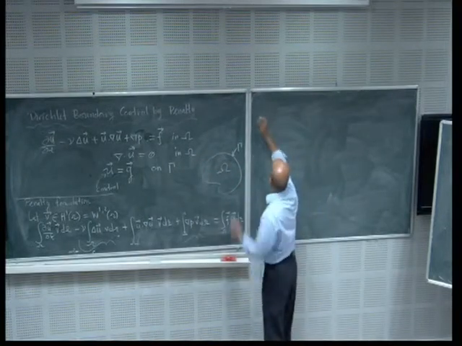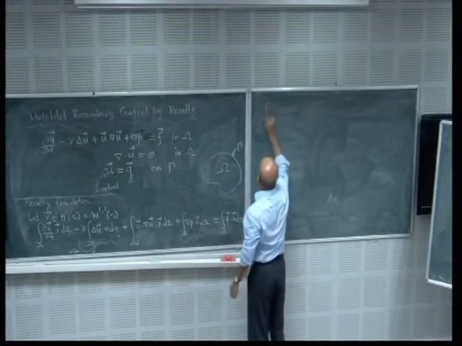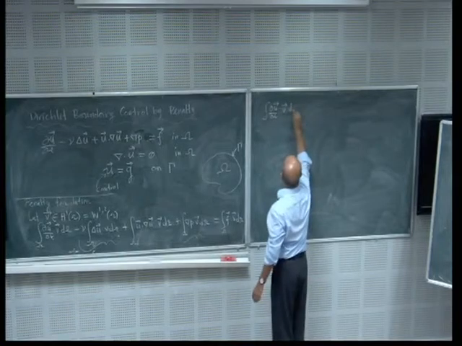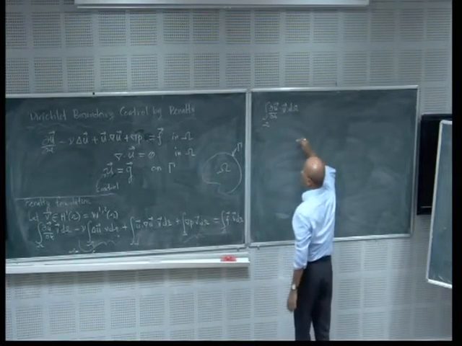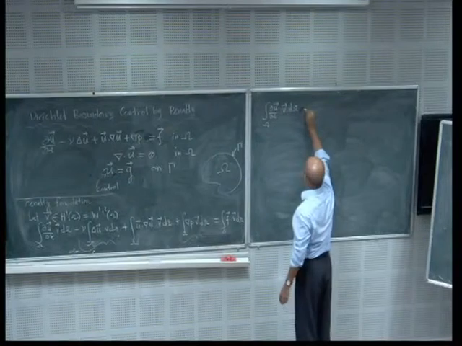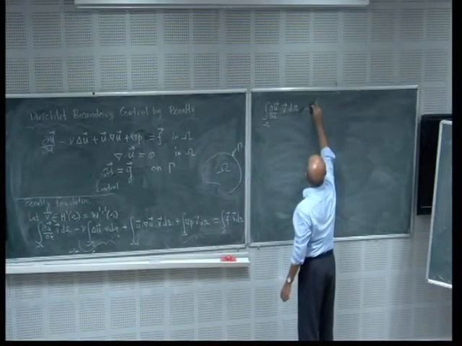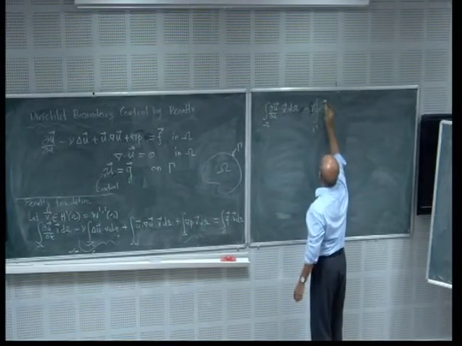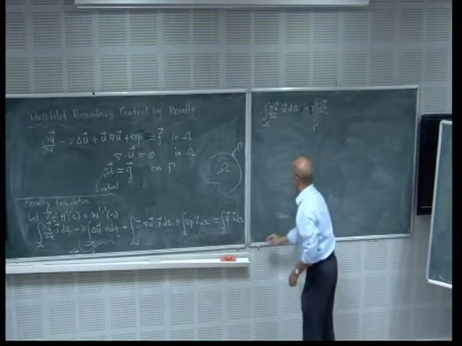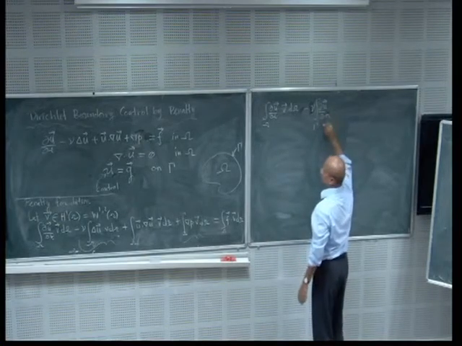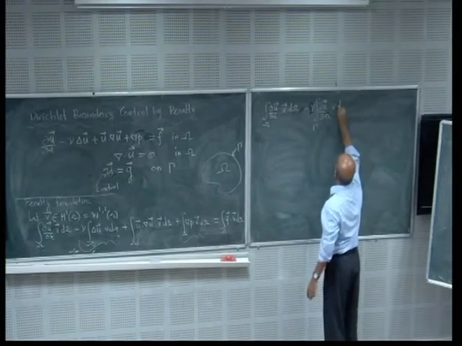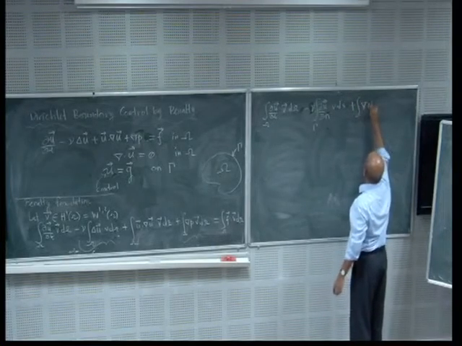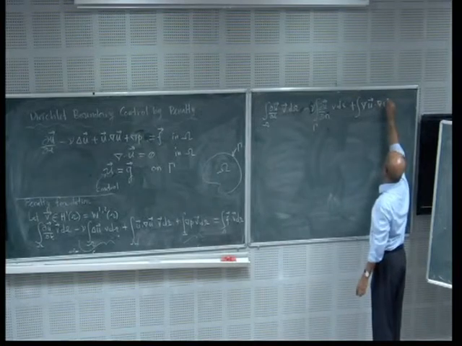If I apply integration by parts, I get some boundary terms, right? Minus mu integral over the boundary gamma of du/dn times v ds, and we get this gradient u.